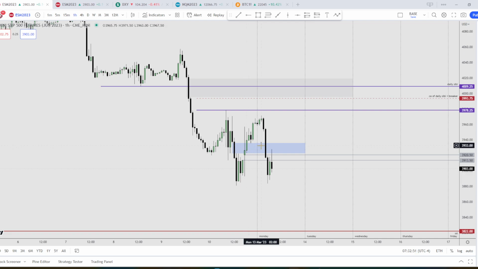But I don't think this is going to matter much due to the volatility that I'm expecting. So I'll just keep it here for reference, and I'll look to see what's going to happen during Monday, later on, around 2 hours later.